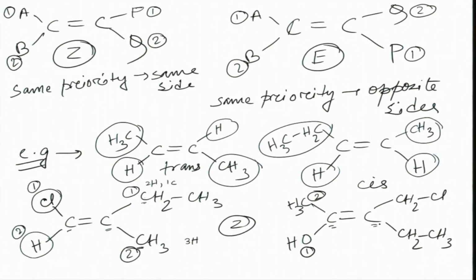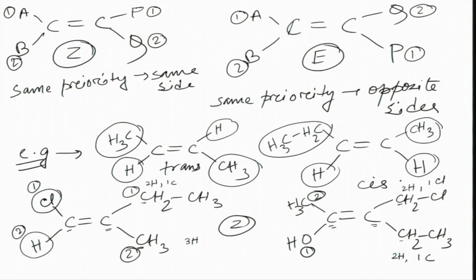Now, let us talk about this carbon. It is bonded on both sides with carbons, so we will have to look into these carbons now. This upper carbon is bonded with 2 hydrogens and 1 chlorine, and this lower carbon is bonded to 2 hydrogens and 1 carbon.